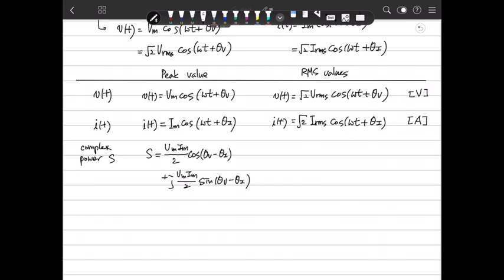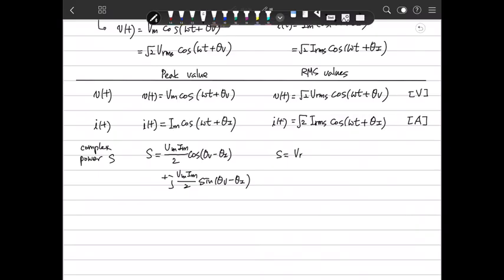Then complex power can also be represented in the RMS values. Here Vm is root 2 V RMS and Im is root 2 I RMS, divided by 2. Therefore, the 2s are eliminated.